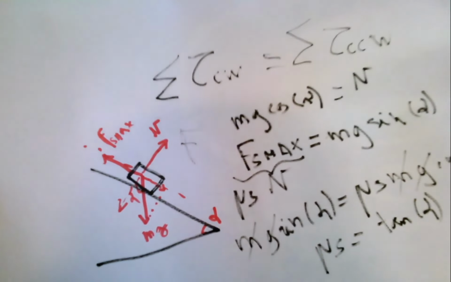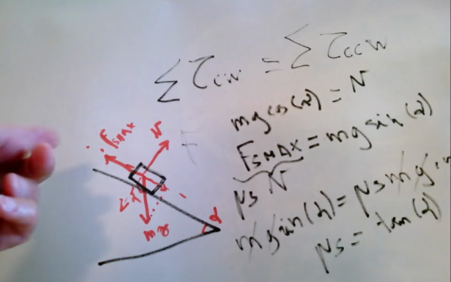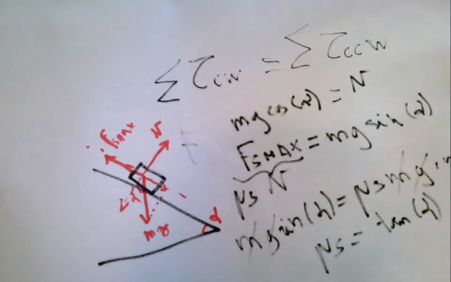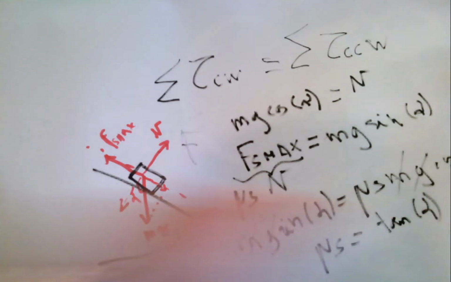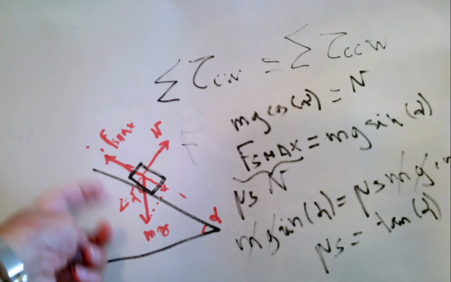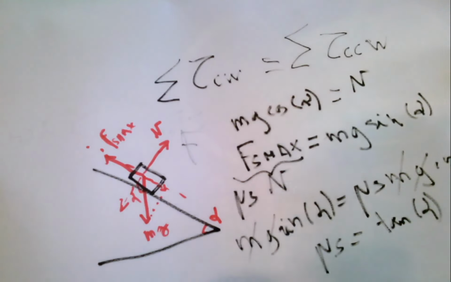And when it's sliding, then you can do the same computation, except that it will be the kinetic coefficient. And you will find that the angle here will be smaller. And to do that, you increase the angle and tap until it starts to slide. So very easy demo to do.